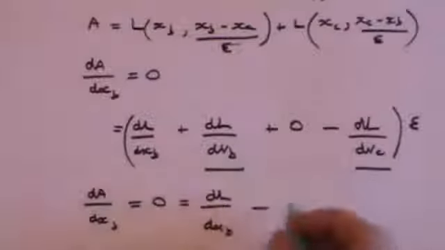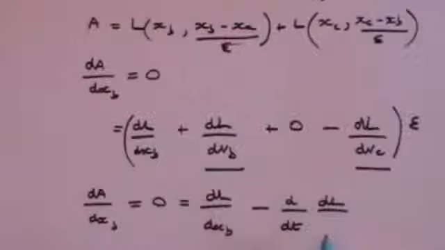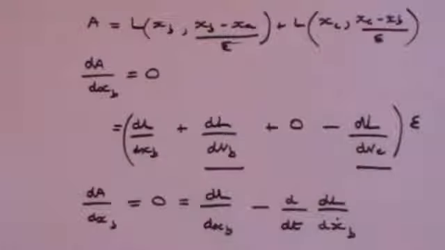minus, and then it turns out that it's d by dt of dL divided by the velocity, or the change of velocity at b, which we can write as dx dot b, because we're using x dot to represent velocity.